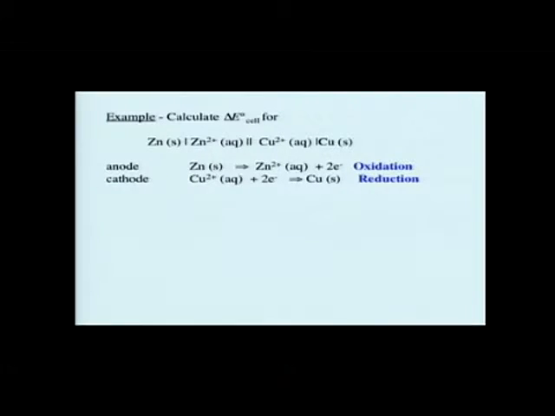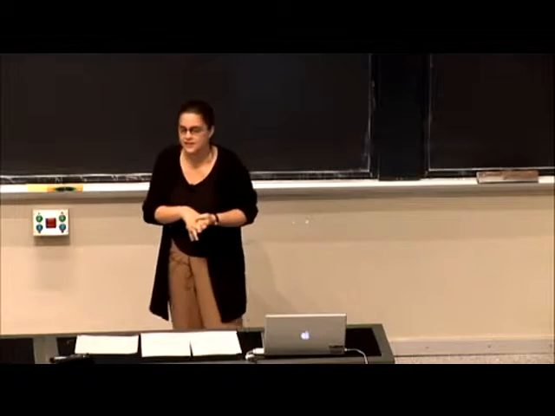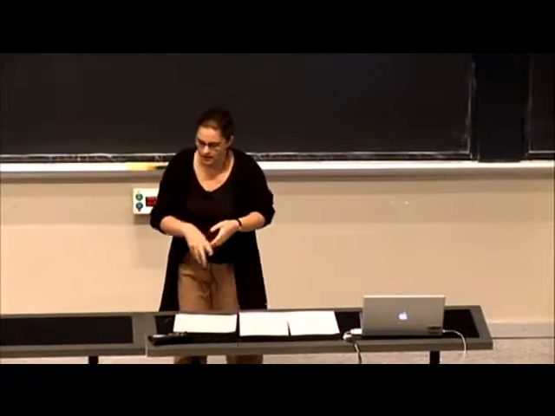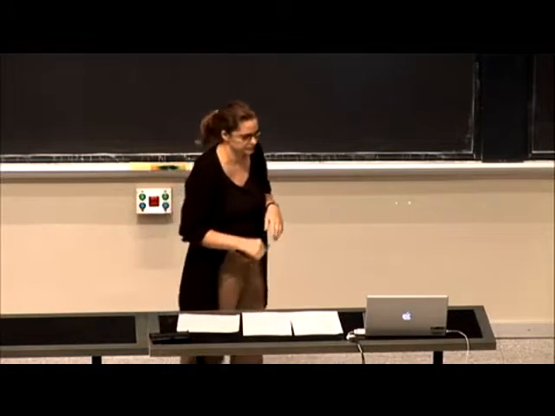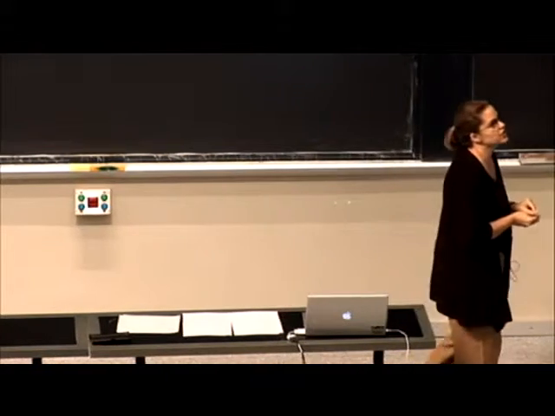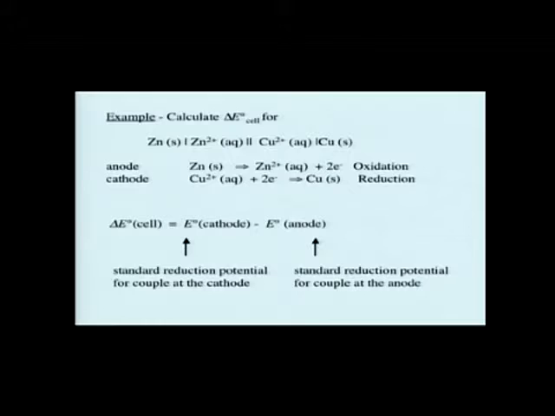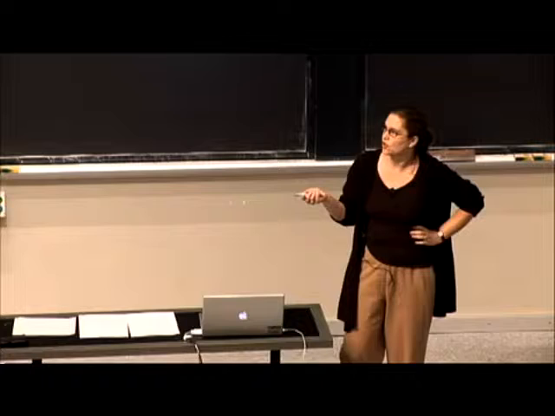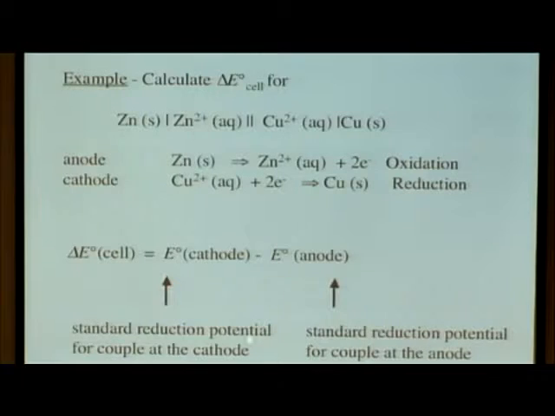So now we're going to calculate what this delta E naught is for this cell. We have an equation that we can use to calculate delta E naught of a cell: the potential of the cell is equal to the standard reduction potential for the reaction that's occurring at the cathode minus the standard reduction potential for the reaction that's occurring at the anode.